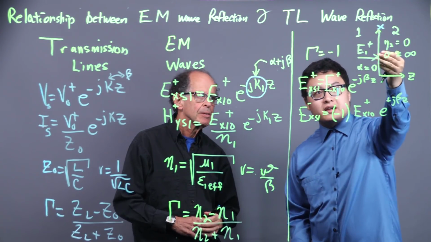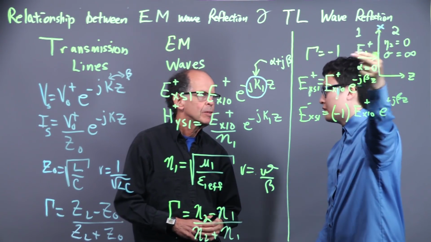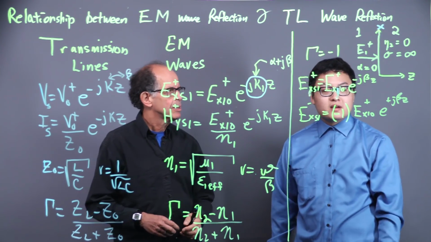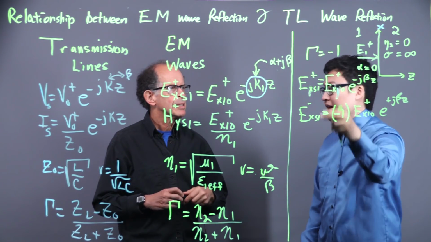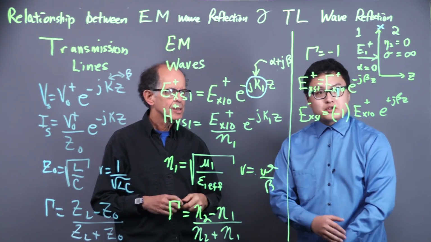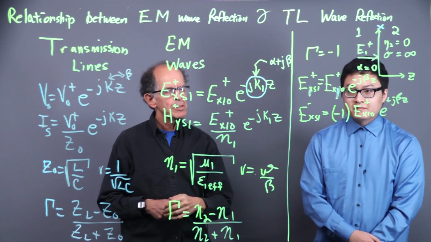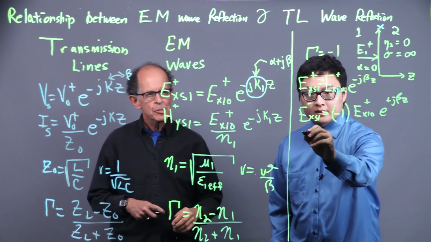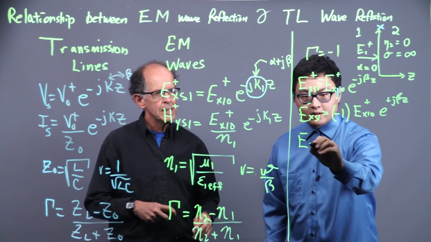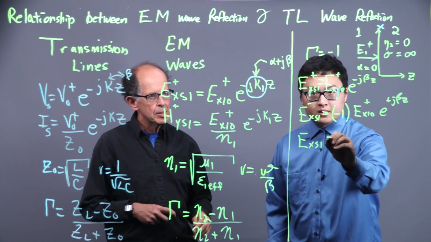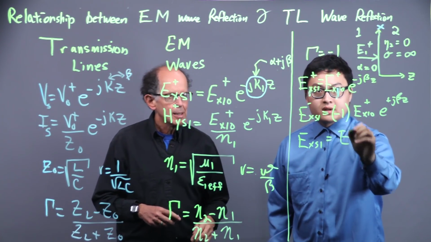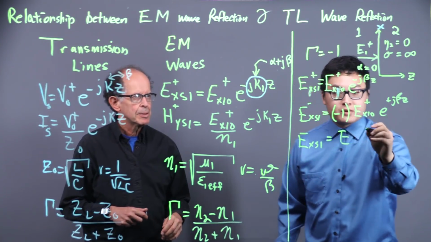Well, since the wave is fully reflected and we want to look at the standing wave ratio, we have to add them together and see what relationship that gives, right? Yeah, let's add the waves together to get the total solution. So that's going to be EXS1 is equal to this plus this, so I'll just do it in one step.